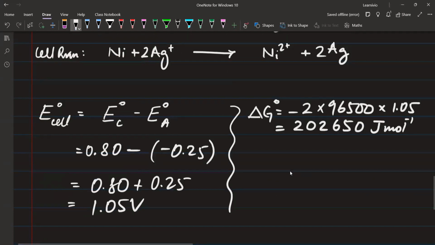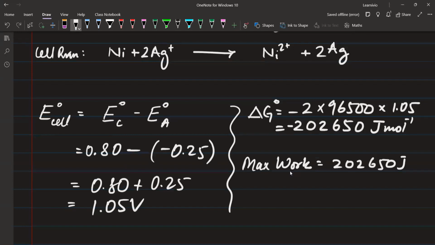Next, you need to calculate the work done. So this is minus the work, or the maximum work, max work, will be equal to 202650 joules, which can be written as 202.650 kilojoules.